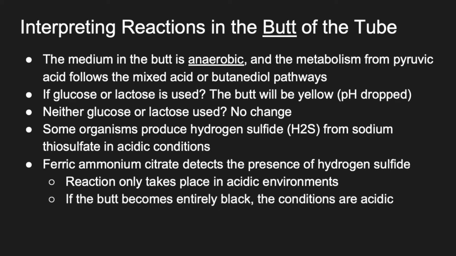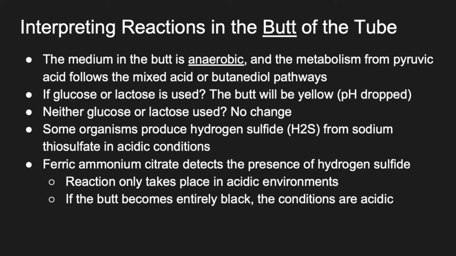So if it's acidic and we want to say, what color is the butt? I can't see the color of the butt because it's black. I don't know if it's yellow. If it is black, you can say it's acidic because this black precipitate only forms when the conditions are acidic. The ferric ammonium citrate will only detect it in the acidic environment.